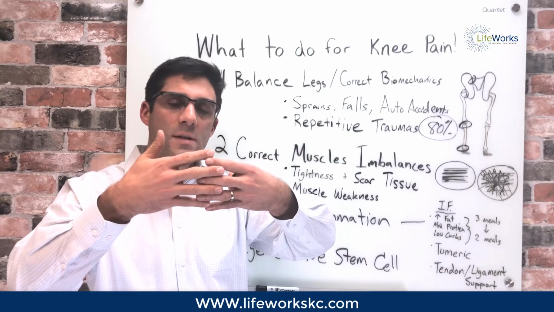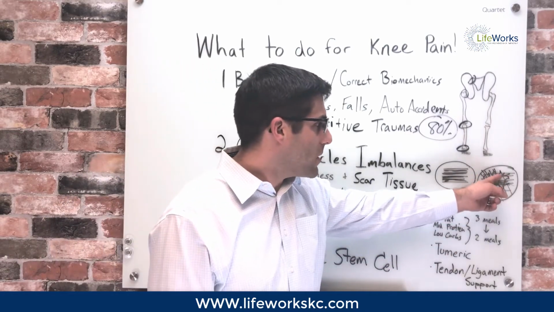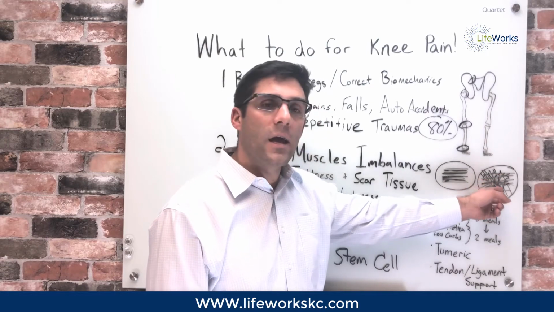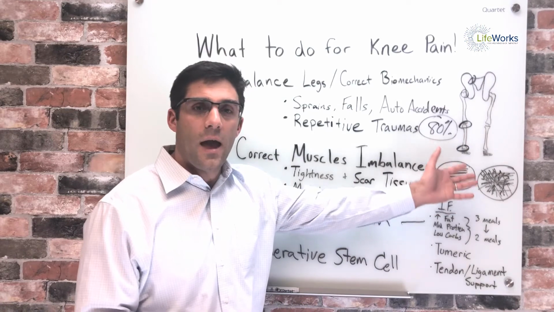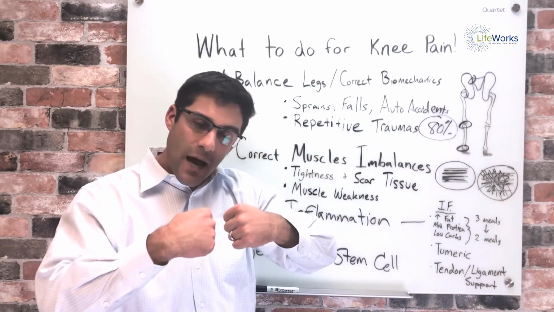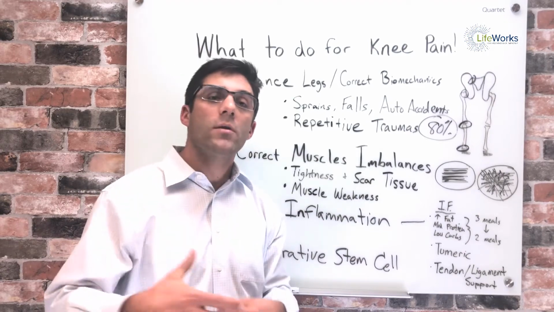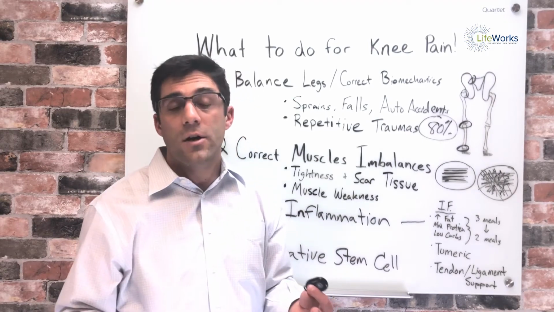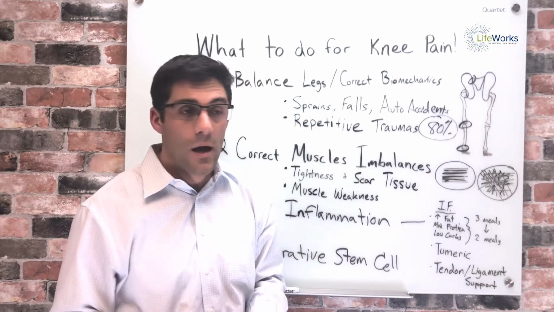Now, over time, with these imbalances, scar tissue and these muscle fibers will lay in different directions. It's these fibers and this tissue here that creates that pulling and that tightness in the muscles and doesn't allow those muscles to properly move that joint, which is going to eventually decrease the range of motion in that joint and accelerate arthritis.